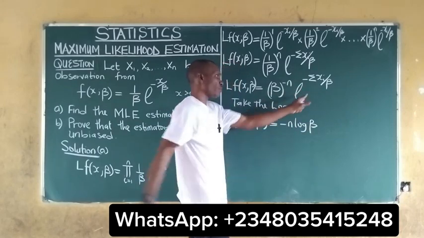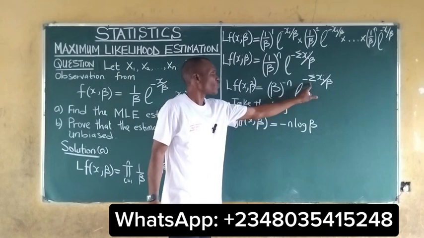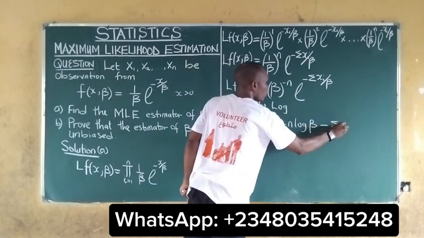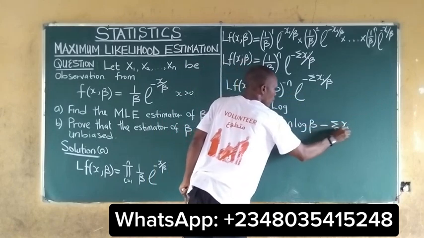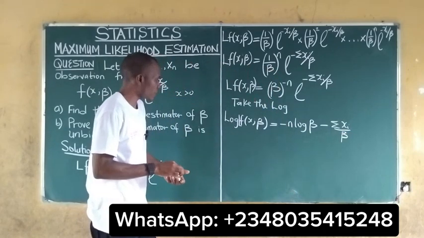If we take the log of an exponential, we get that same function. So we get negative summation xi all over beta. So this is what we get.